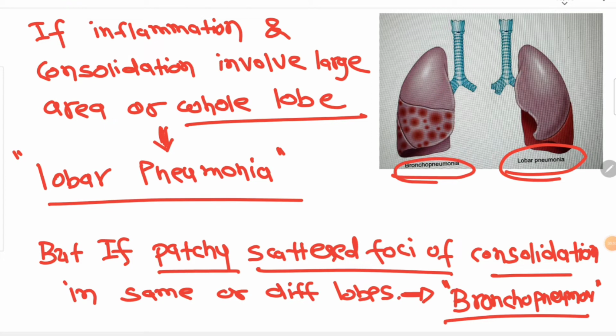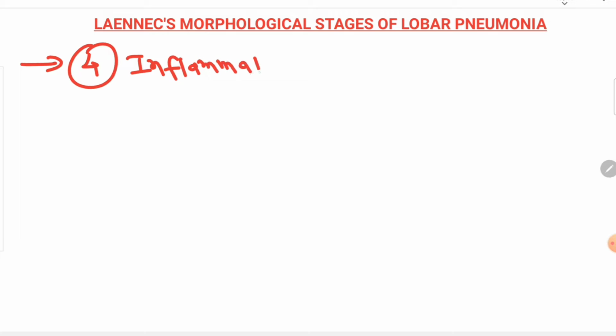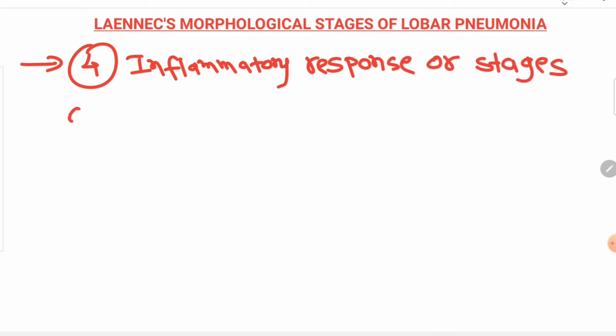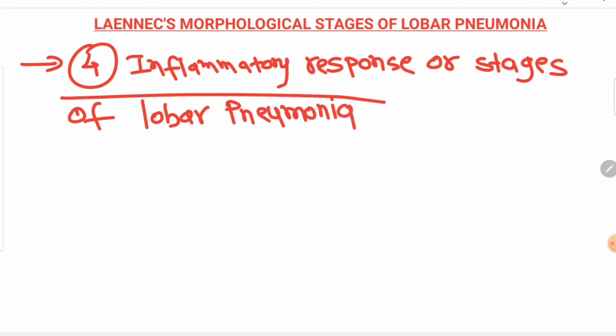I have discussed the classification in my previous lecture as well. So this is bronchopneumonia. The scientist Laennec divided the morphological changes in pneumonia, particularly in lobar pneumonia, into 4 inflammatory stages. So according to Laennec, there are 4 morphological stages of lobar pneumonia.